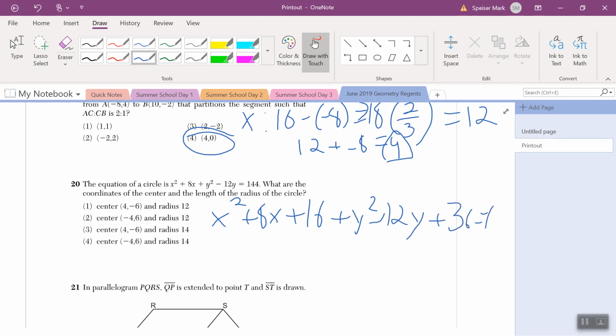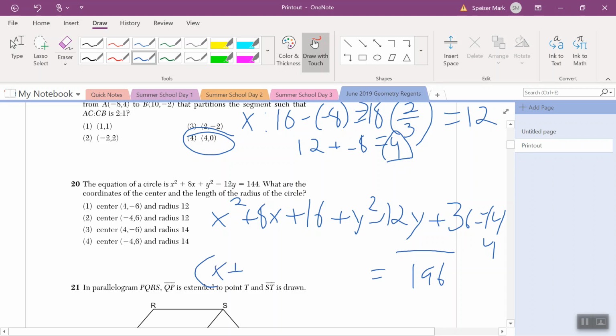It's 144. Whatever we added on one side, we're now going to add on the other side. So 144 plus 16 plus 36 is 196. We factor by just taking the number we halved and squaring it.